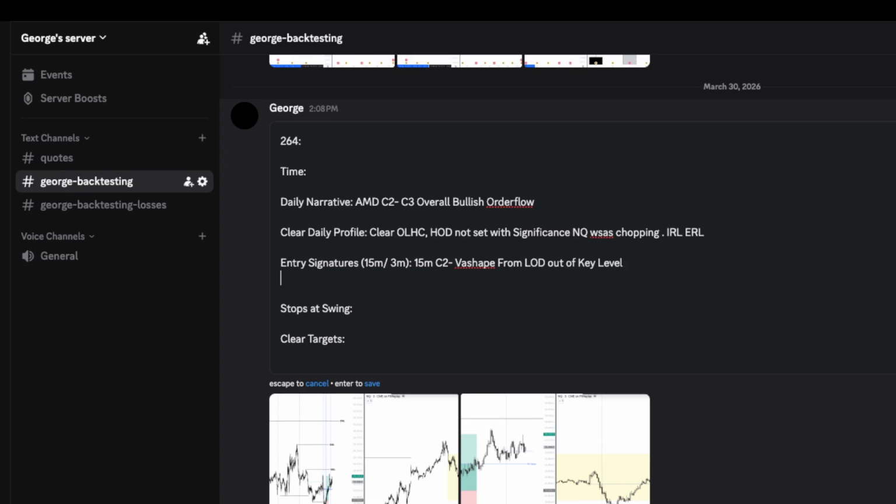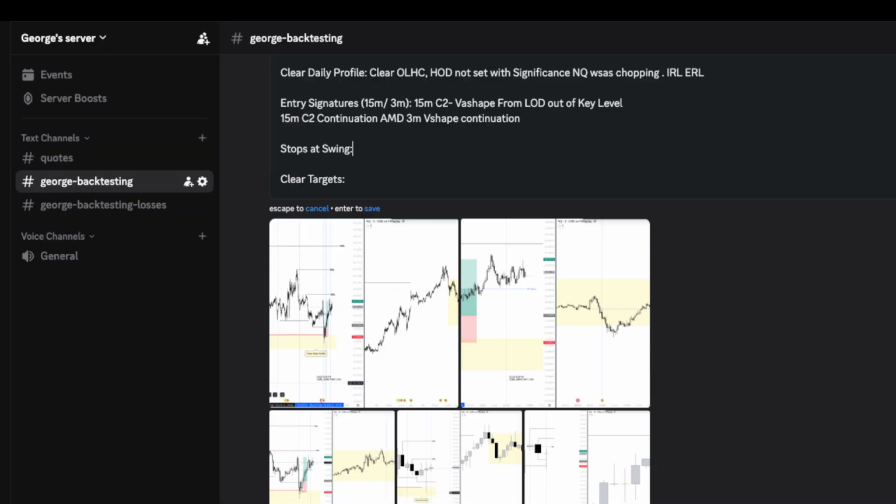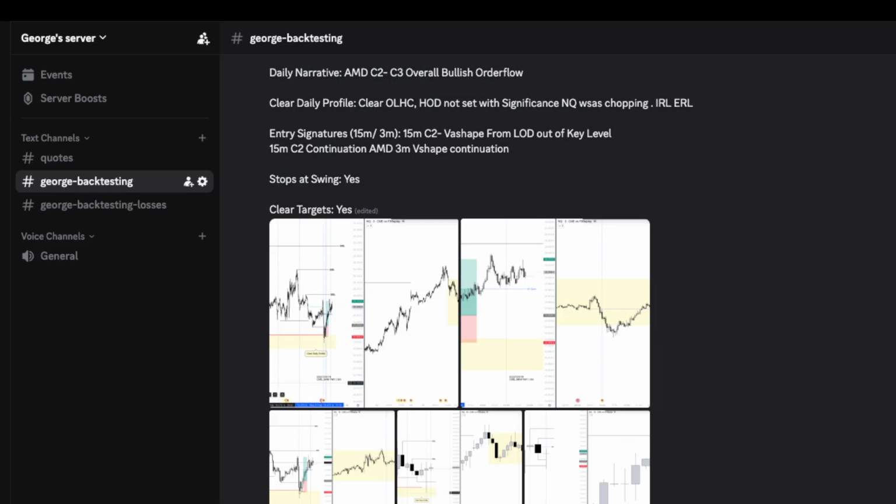And then 15-minute C2 continuation, AMD. 3-minute V-shape continuation. All right, that's basically it. Stops were out of swing, yes. And did I have clear targets? Yes. That's all it is, right? It's not super complicated as long as you're following those steps.